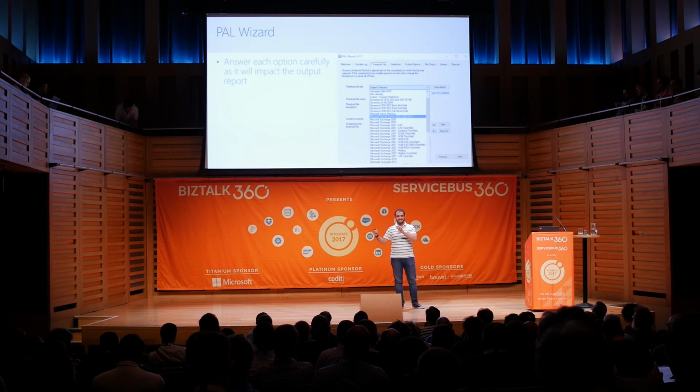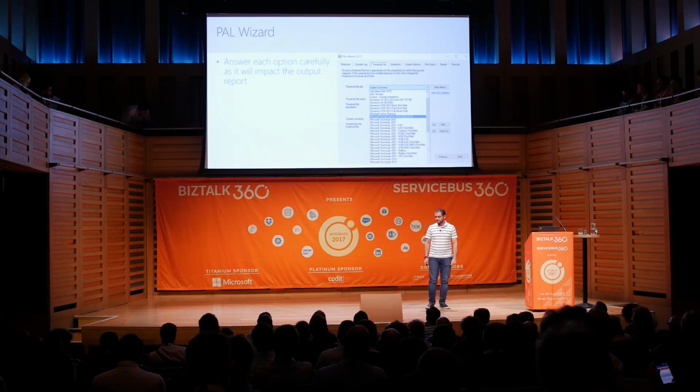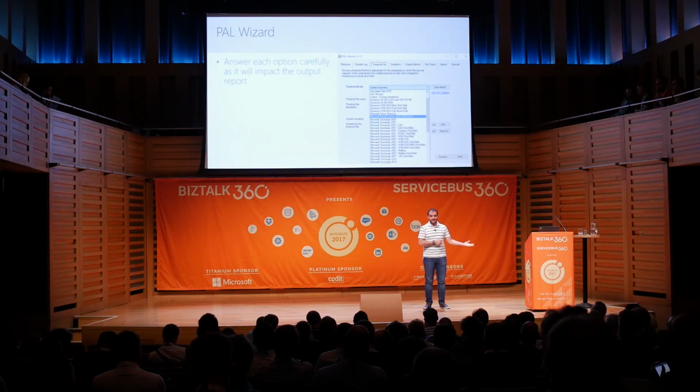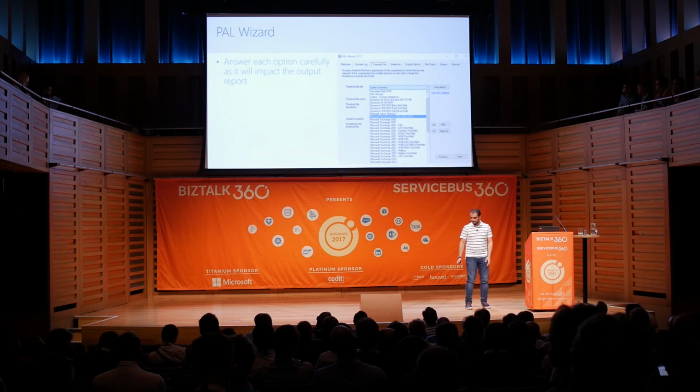If you keep clicking next, it will assign 16 to the wrong server, which has just 8 gigs of RAM. It's not good to leave that, because basically what PAL will be doing is relating the outcome to the available memory. So say you have 16, and the BLG file shows you reaching 15, for example. If you have 25, 15 is not a problem. But if you have 16 and you reached 15, it's a really, really big problem.